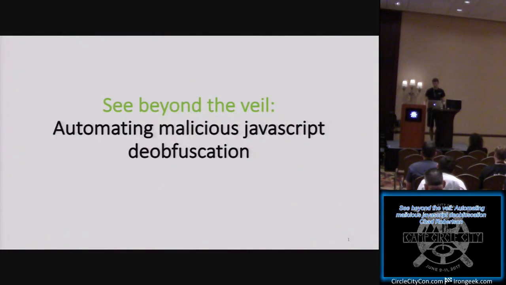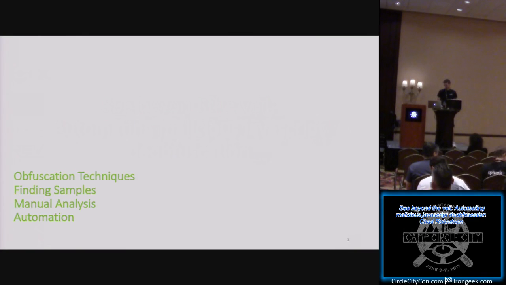This is a talk about automating malicious JavaScript deobfuscation. To get started, the quick agenda: we're going to focus on Rig, but these obfuscation techniques can be used across any type of JavaScript, and can be employed to deobfuscate different types of JavaScript.